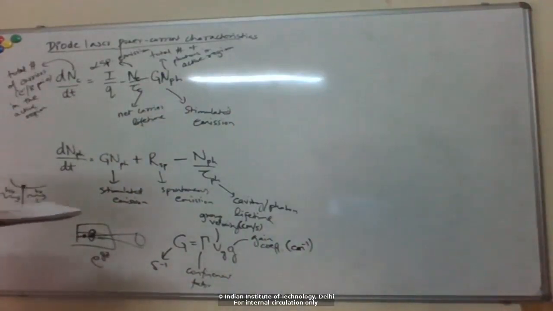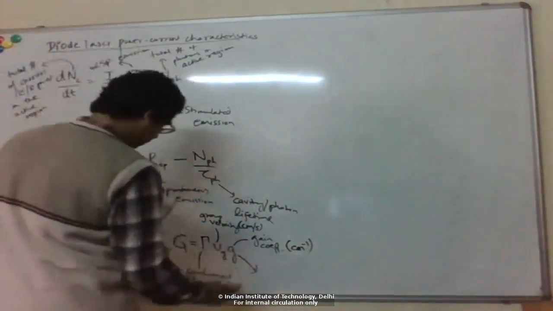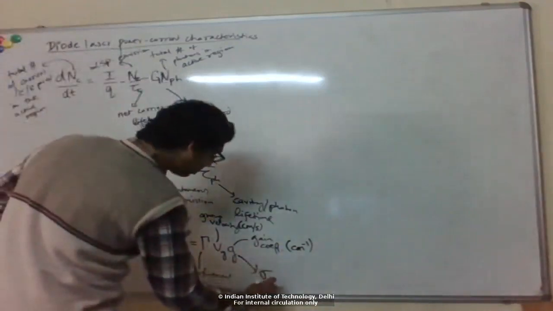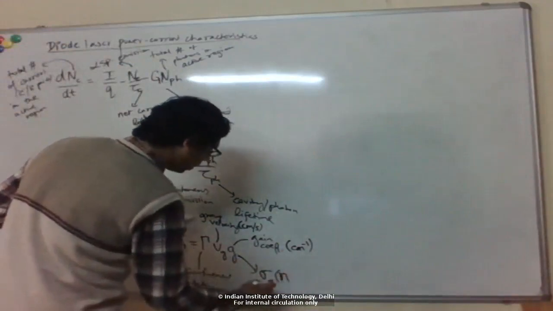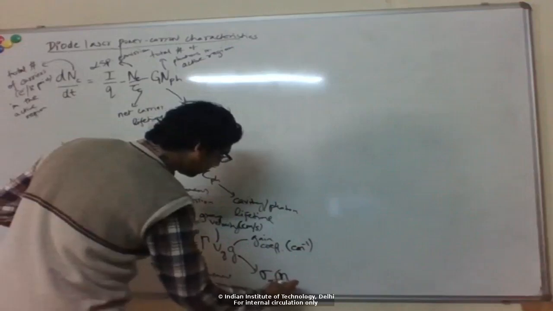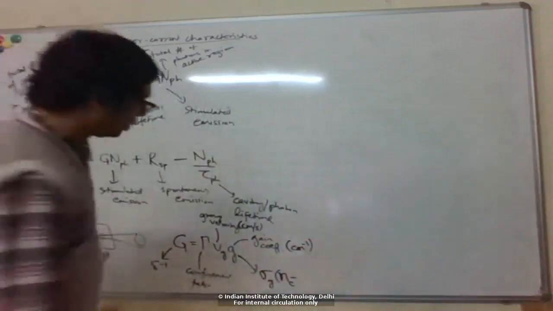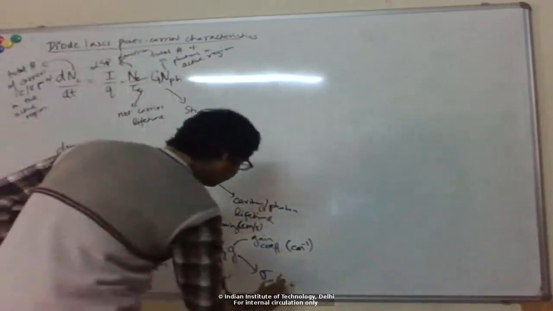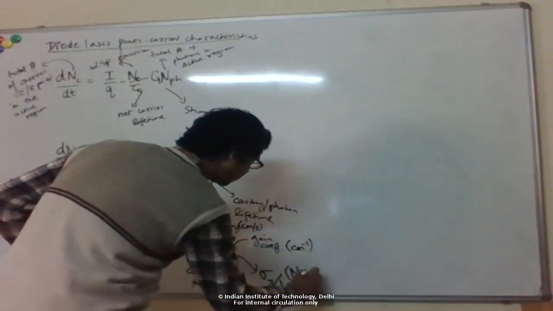Recall that this G depended on the carrier concentration. This went as this cross section times, I use small n here for the concentration, or in other words, I'll divide by volume and then NC minus NT.